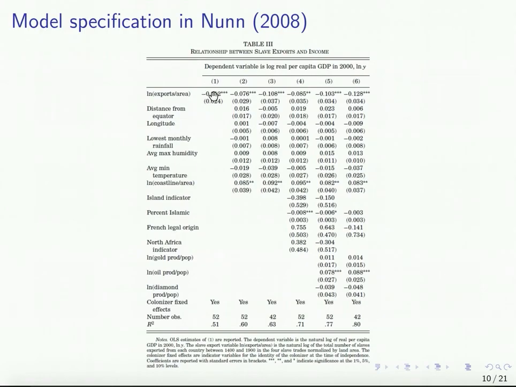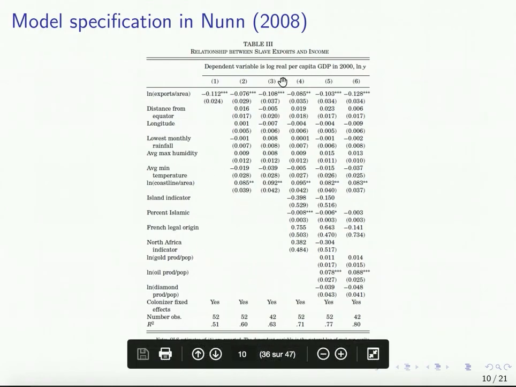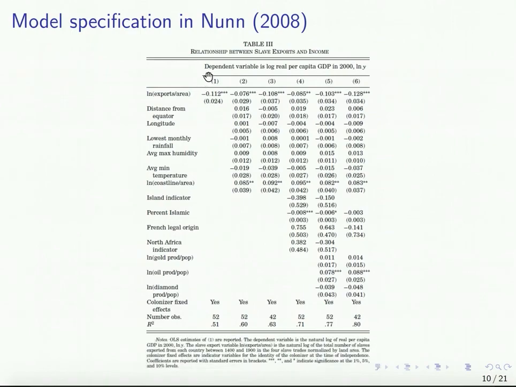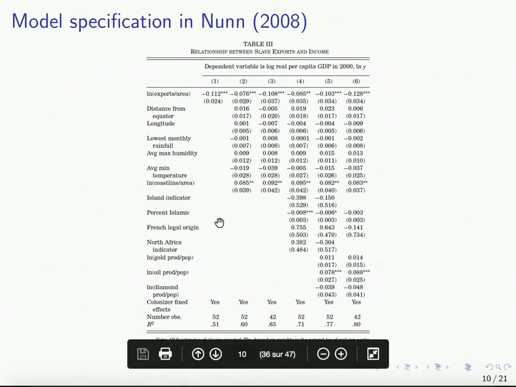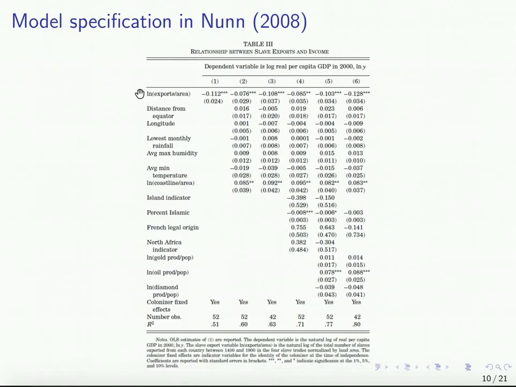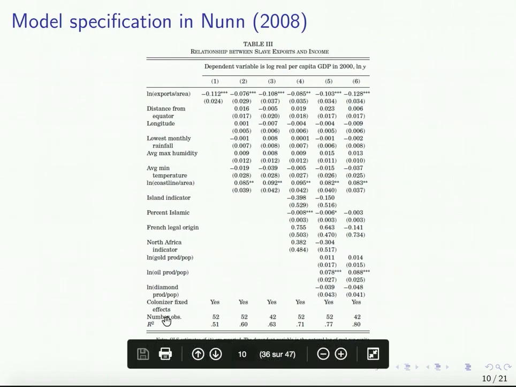And so each column here represents a different regression. So in Stata here, you have 6 regress commands. He regressed these equations 6 times, okay? And so the baseline specification is going to appear in column 1. In column 1, what you have is this independent variable, this dependent variable, and a colonizer fixed effect.